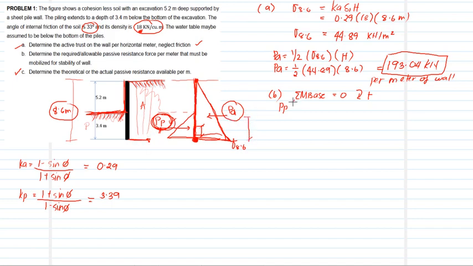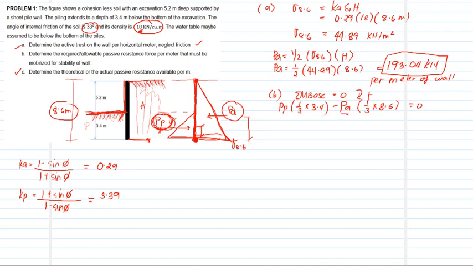So that is PP times 1/3 of 3.4, positive clockwise, counterclockwise, so minus PA multiplied by 1/3 of 8.6, that is equal to 0. So stable siya kasi equal dapat yung moment natin sa 0.